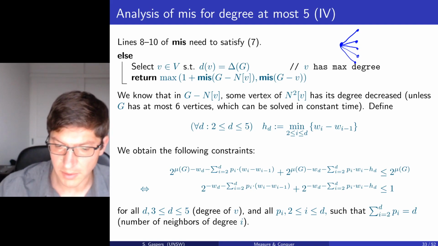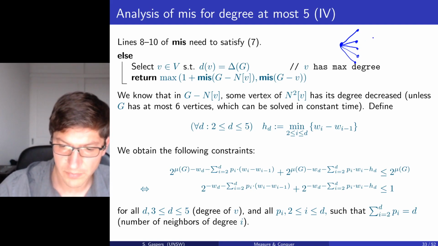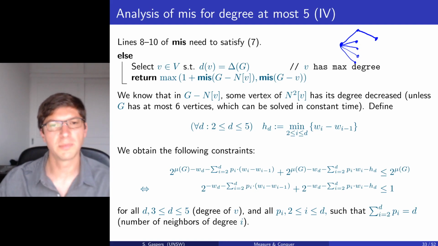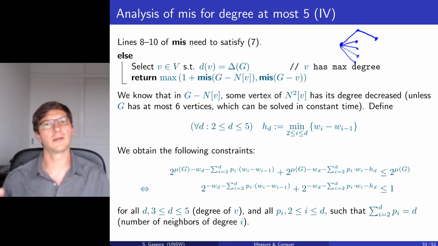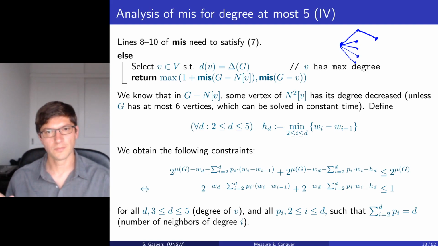But if it has more than 6 vertices, there must be some neighbor that's in the second neighborhood, because we know that our graph is connected at this point. And this vertex has its degree decreased by at least 1.